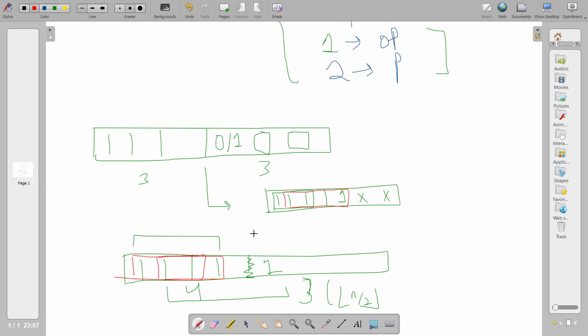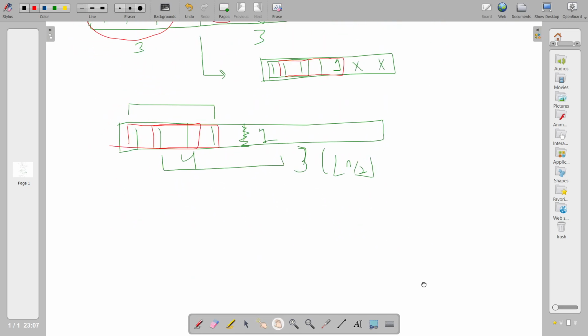Okay, so that's the other case. Fine. That means that if you have all ones here and the next bit is also 1, then you can again get an answer. Now let's think of the third possibility.